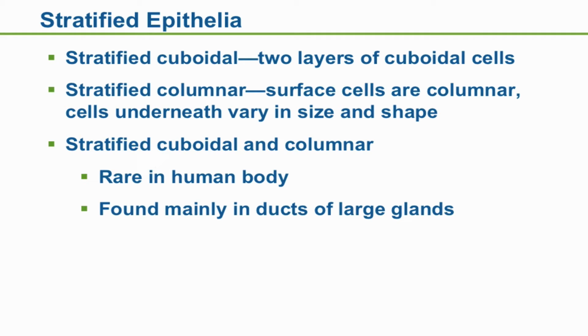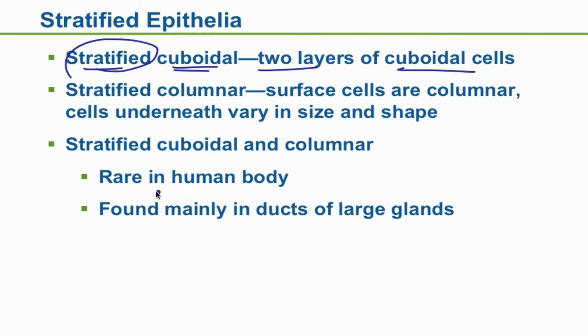Okay, so really quick, stratified cuboidal, you'll notice, is not even a section in here. I meant to leave this out, but what I'd like you to know about these, and you can put this in the top part of your notes if you want, basically stratified cuboidal means there are two layers, which is stratified, and they're cube shaped.